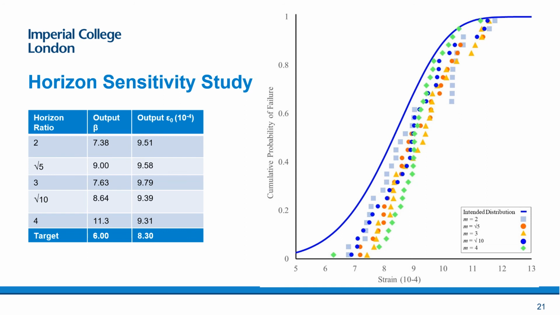This is just a genuine steepening of the curve. It's quite a good fit at the top end, n equals 4, but as you drop down to the lower end, it's miles away. So on this evidence, I don't think we can really recommend using this method with large horizon sizes.